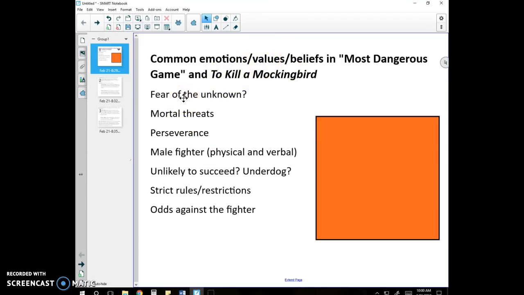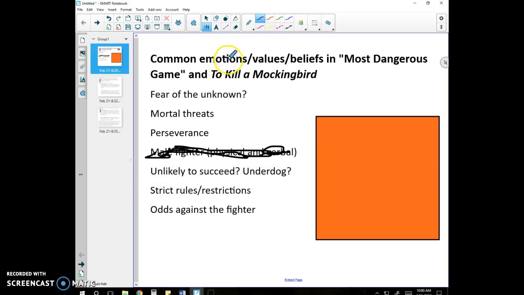And some of these are kind of silly, like they're not good. For example, male fighter. I don't know if that's particularly good, so I just crossed it out. But I put it on there because I needed to do some brainstorming. Other ones I thought: they both have strict rules and restrictions, right?